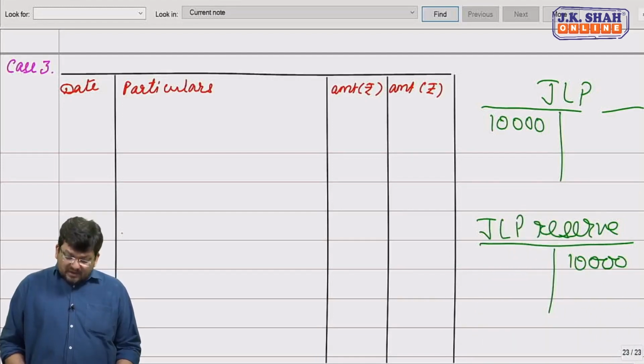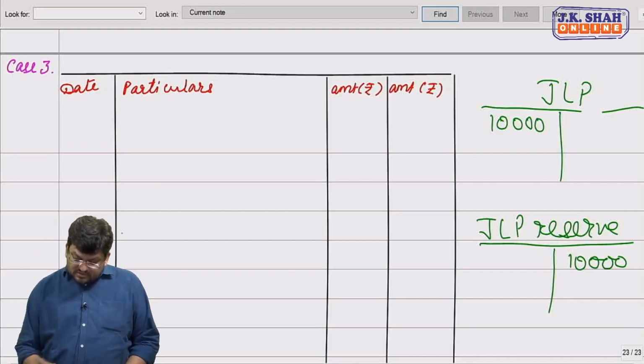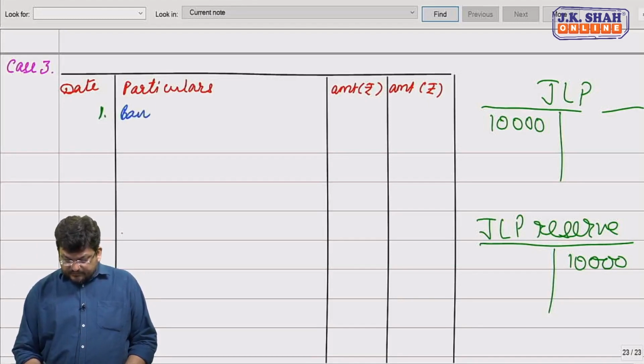Correct, sir. Now, since the partner died, from the insurance company we would receive the sum assured. So the first entry for receiving that sum assured from the insurance company is bank account debit 1 lakh to joint life policy.